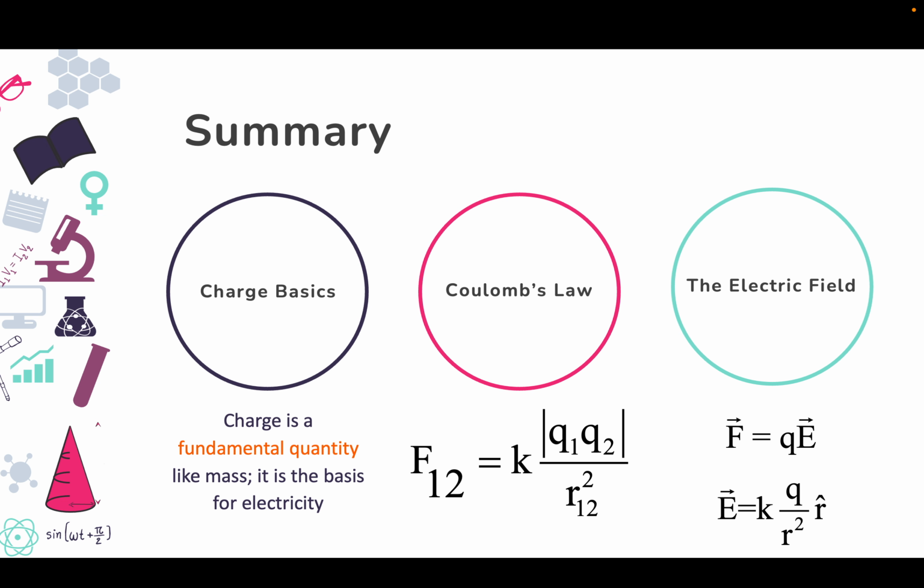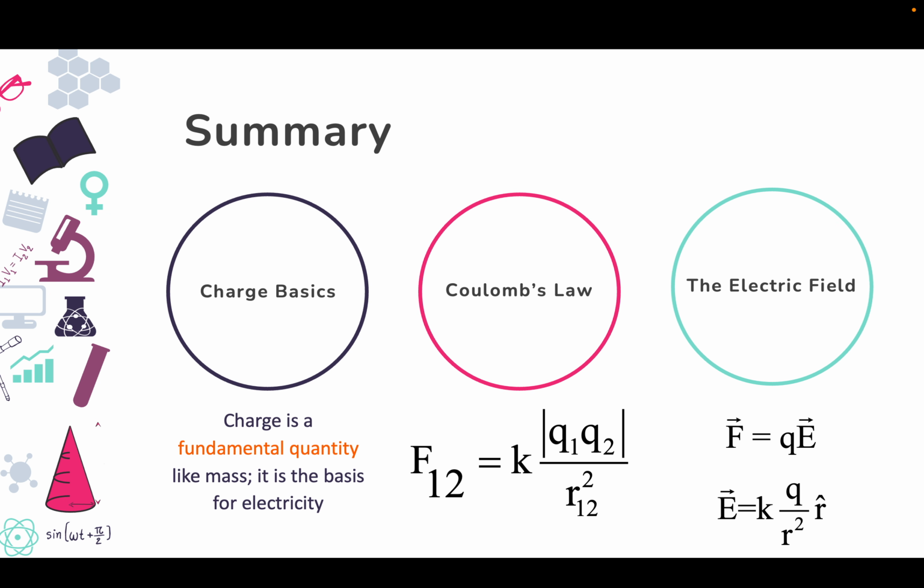And as a summary for this module, this is just an introduction to the different concepts. We talked about charges, and we know that charge is a fundamental quantity like mass. It is actually the basis for electricity. We were able to become familiar with the Coulomb's law formula, which is F12 is equal to kQ1Q2 over r12 squared, or in the easiest sense, kQ1Q2 over r squared.